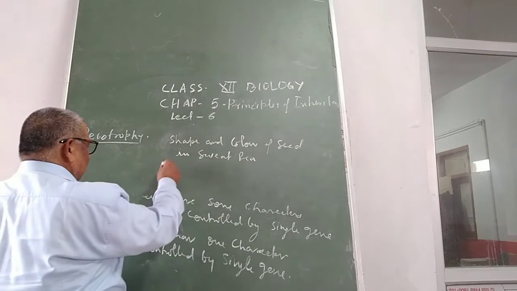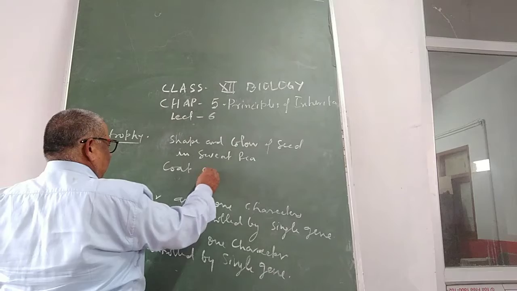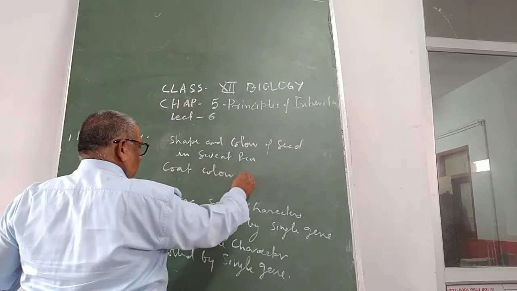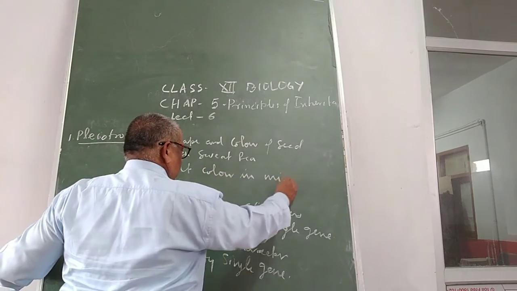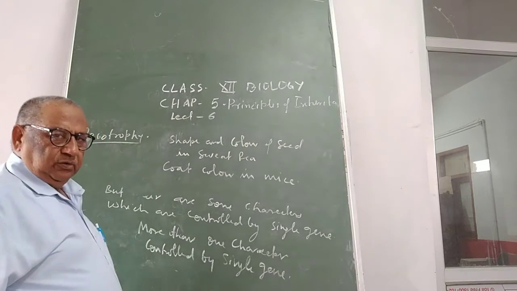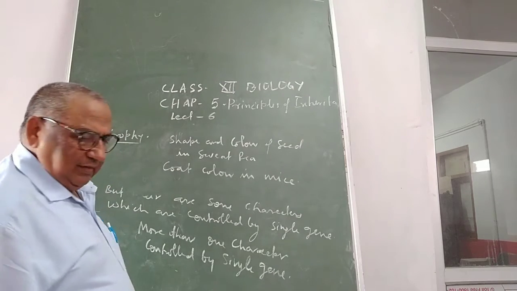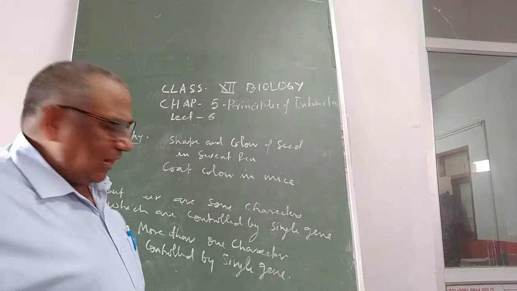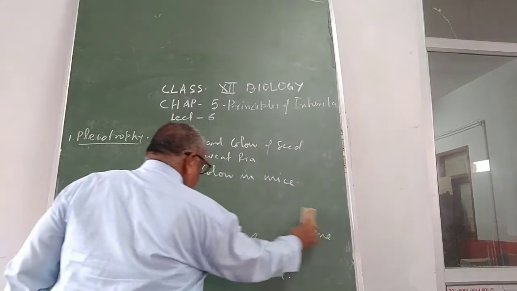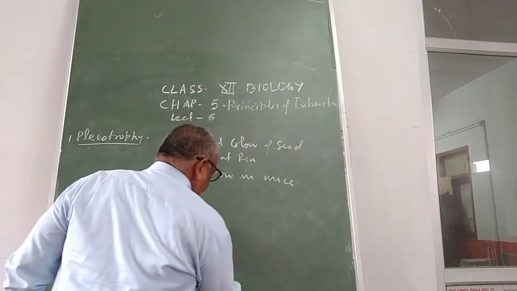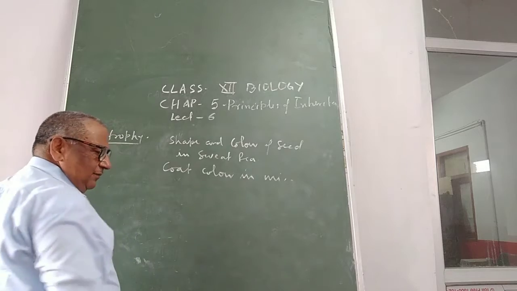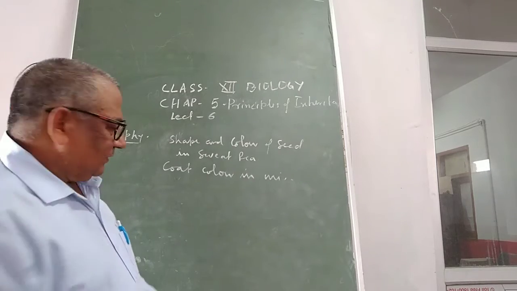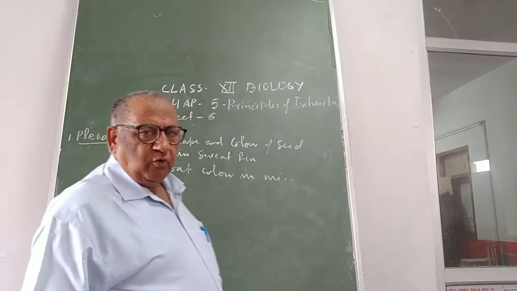Similarly, we see in animals, coat color in mouse. That is also a pleiotropic gene. Similarly, some other characters also have pleiotropic effect. Now, in pleiotropy, we can see a single gene can control more than one character.